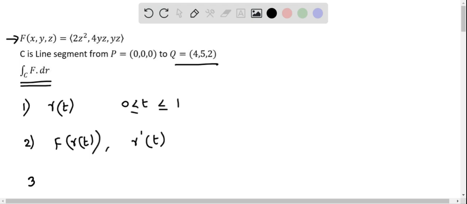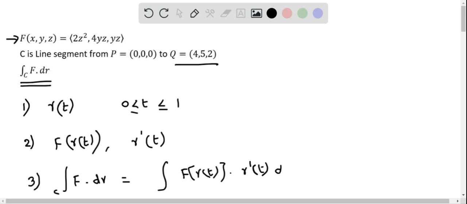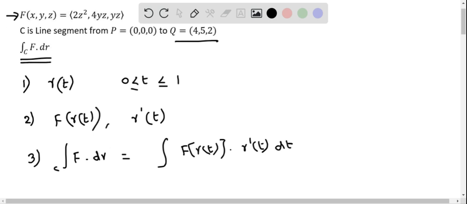And finally, we substitute into the line integral formula, which is given here: the integral of F dot dr is equal to the integral of F of r of t dot r prime of t dt, where the integral is from a to b. So these are the few steps that we have to perform to calculate the line integral.